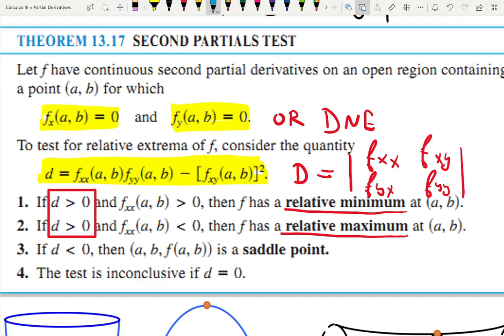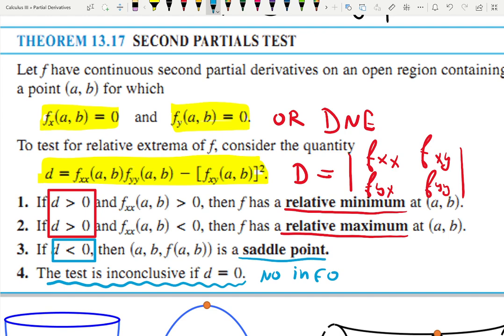If it is negative, then we have a new third type, neither maximum nor minimum, or both at the same time, called a saddle point. If D is 0, then just like in calculus 1, we say choose another test, no info. No info. So I will leave it for you right now to write down and answer the questions.